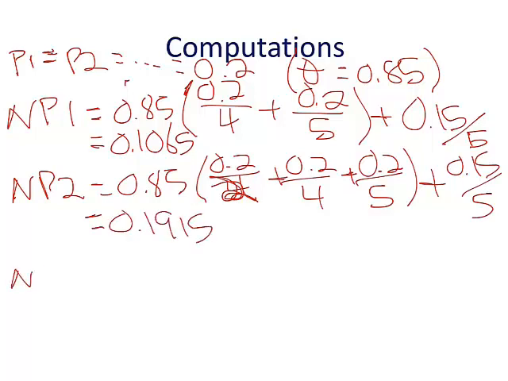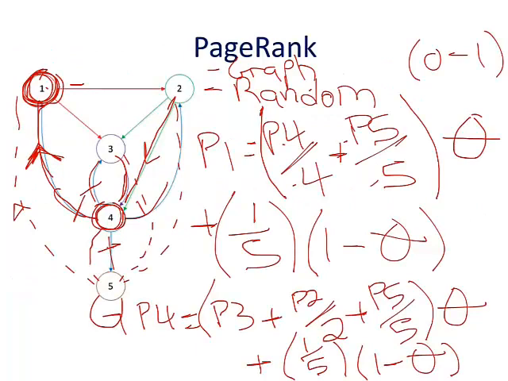If we want to do it for node 3, go back to the graph. So for node 3, we have incoming from node 1, from node 2, from node 4, and let's not forget about node 5.